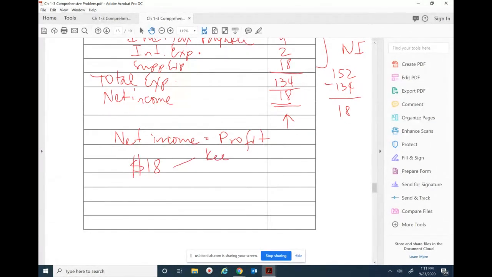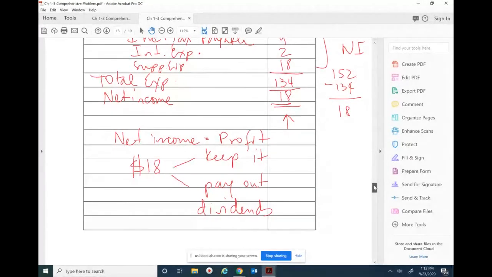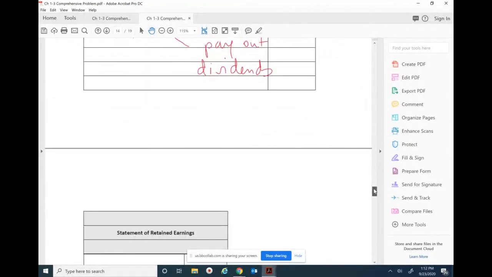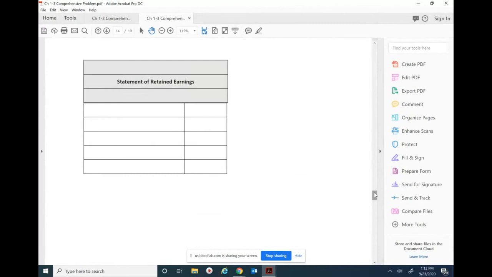So they can either keep it for future growth, expansion, internal purposes, or they can pay it out in dividends. Or they can do a combination of the two. They can keep a little bit and they can pay out some of it, whatever the company's management and board of directors decide. So once that decision is made, the next financial statement is prepared.